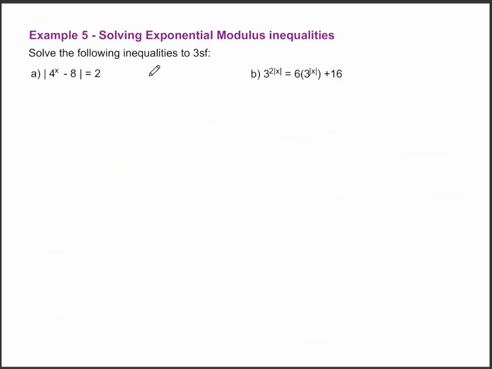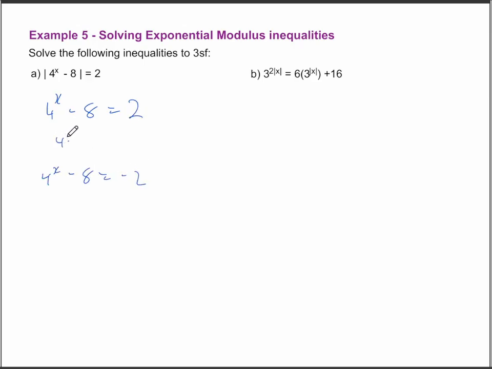Next, we are told to solve these inequalities into three significant figures. So we learn how to do modulus, where a modulus just means that we can either have a negative or a positive. So for here, either 4 power x minus 8 equals 2 or 4 power x minus 8 equals negative 2.